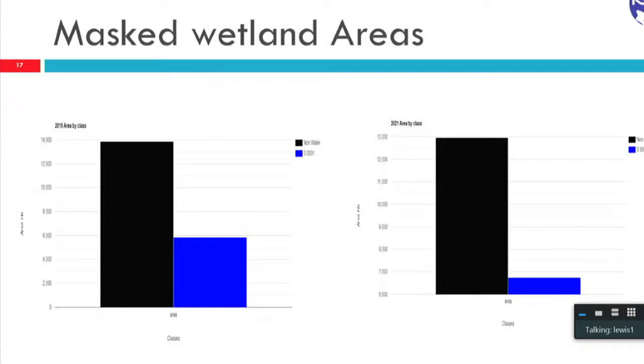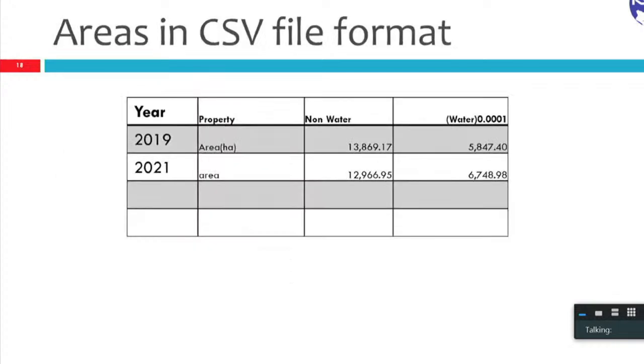From the masked areas, you can show the areas of non-water and then water. And although my bar graphs on the other side don't have the same scale, you can depict that the area of the lake has increased over time.